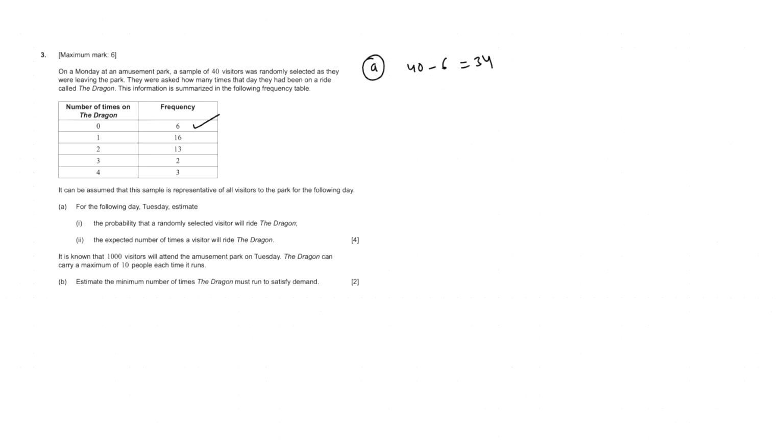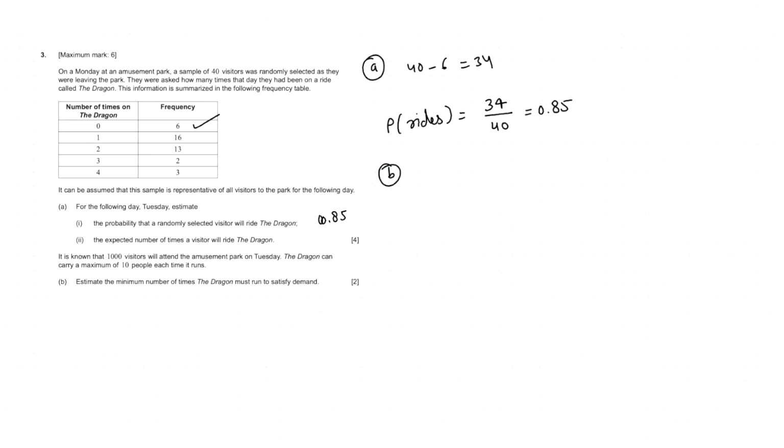So the probability of a ride will be 34 upon 40, which is approximately 0.85. So the probability that a randomly selected visitor rides the dragon is 0.85. That's the answer for A1, 0.85.